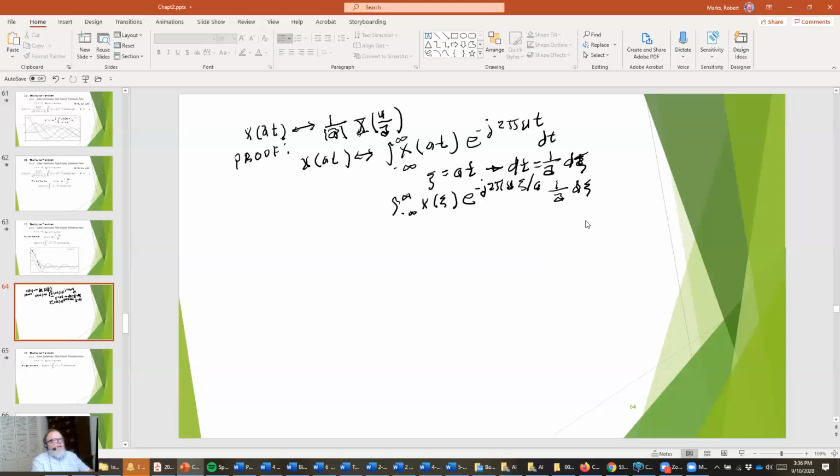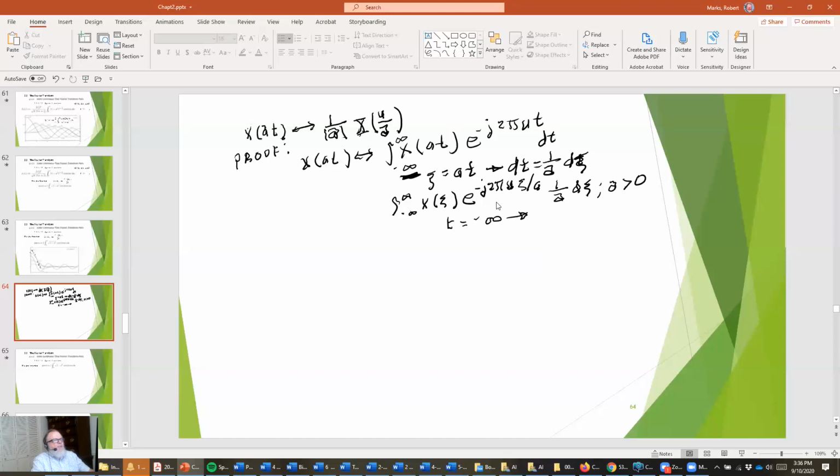This is only valid for a greater than 0. Why is that? Because we forgot to look at the integration limits.